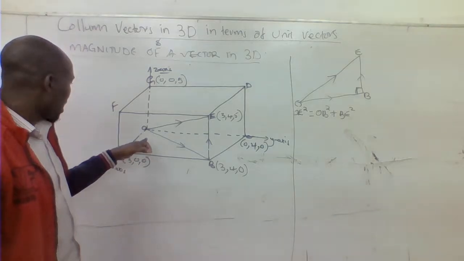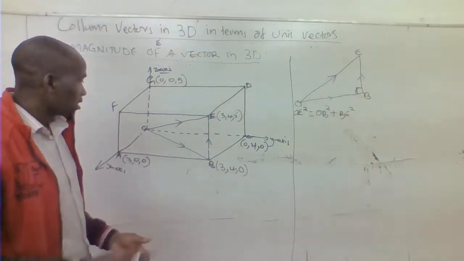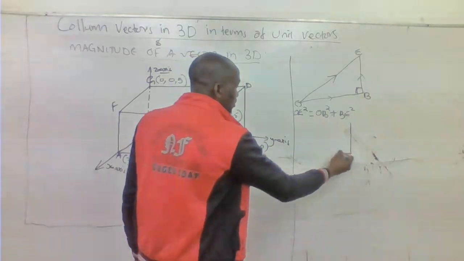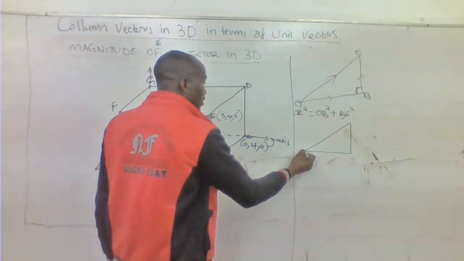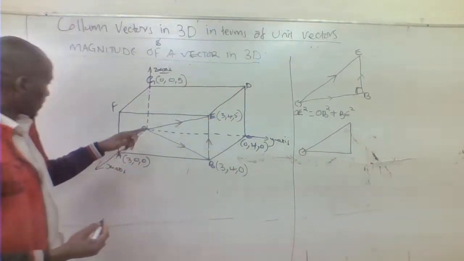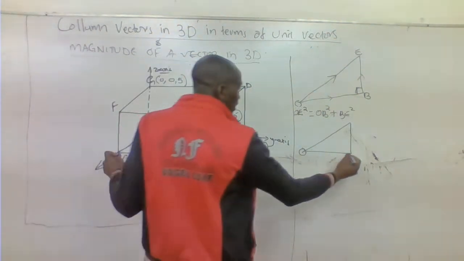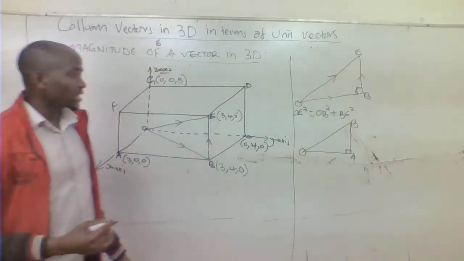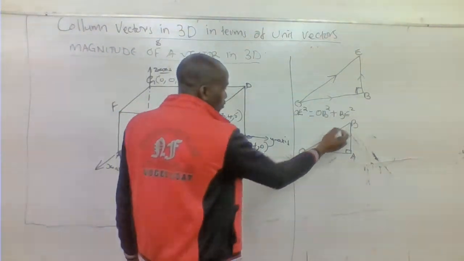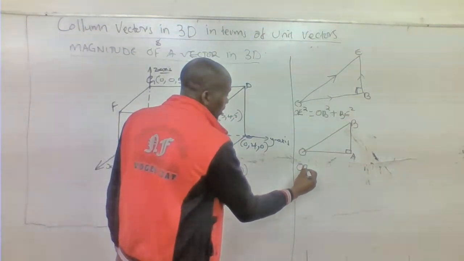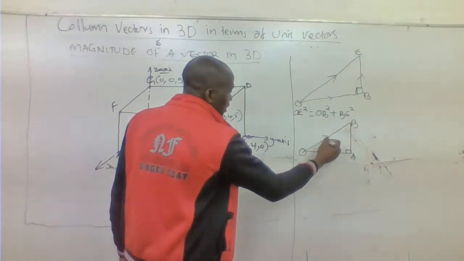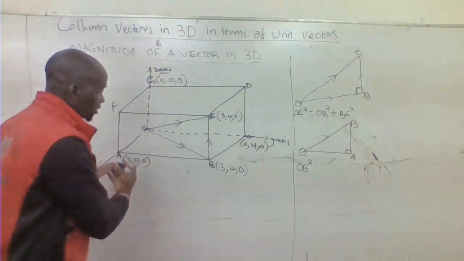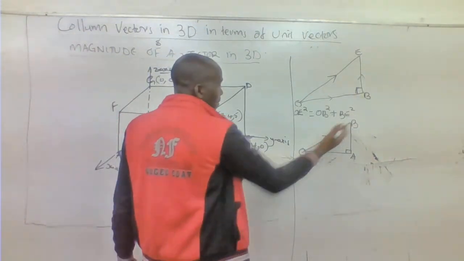I can remove this given triangle OAB and have triangle OAB. So let me say this one is my O, then I have A, then I have B. So this again is still a right angled triangle. So this length OB squared, which is the diagonal again of this given plane, is our hypotenuse.